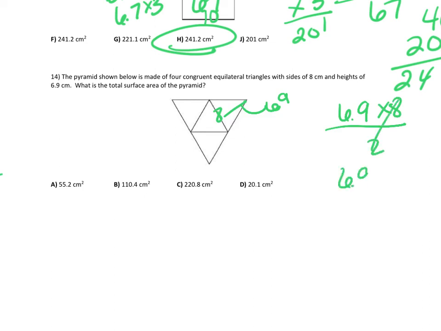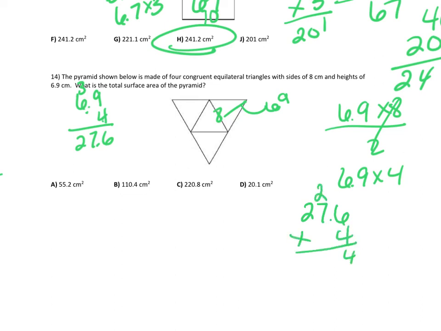So I'm going to do 6.9 times 4. Y'all don't have to do it the way I do and mark it out. I just like it to be smaller numbers. So 27.6 times 4, and I got 110.4, which is B.